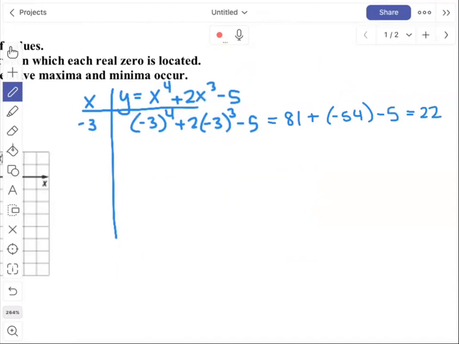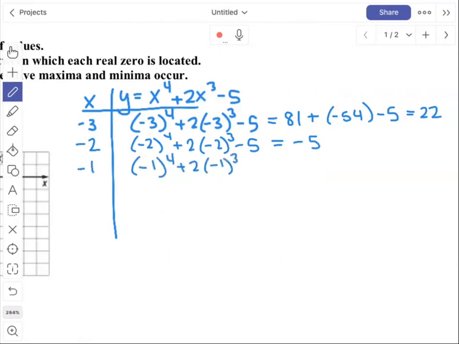Okay, and then we would continue to do that, plug in -2, do the same thing, and that would boil down to -5. Plug in -1, etc., and this would get me -6. 0 is easy to plug in, we would get -5.